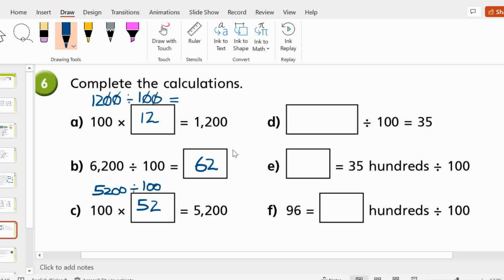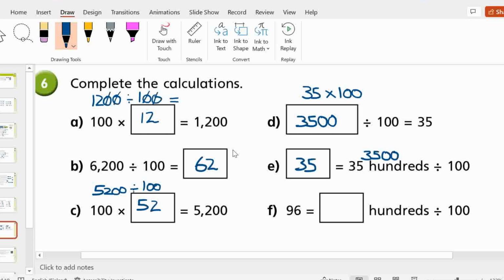D. Okay, again, we need to work backwards. So we have 35, and instead of divide, times 100. Yes, 3,500. 3,500 divided by 100. What is 35 hundredths? How would you say that? You wouldn't say 35 hundredths. How could you say that normally? Good. Yeah, and hundreds, you always have 2 zeros. Divided by 100 gives us what? 35.